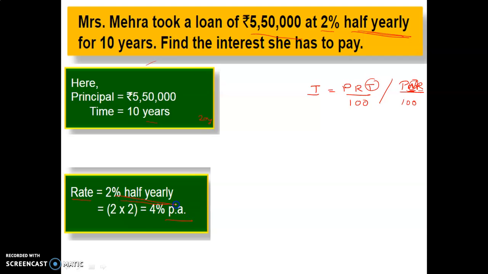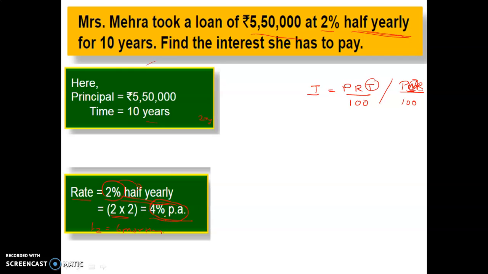See, 2% is half yearly, so what will be yearly? 2 half yearlies will be there in 1 year. Half yearly means 6 months, so how many 6 months will be there in 1 year? 2. So 2 into 2 is 4%. So they have converted this 2% half yearly to 4% per annum.